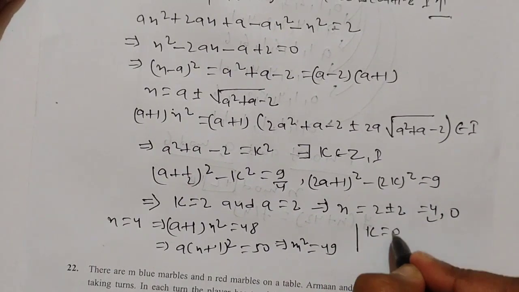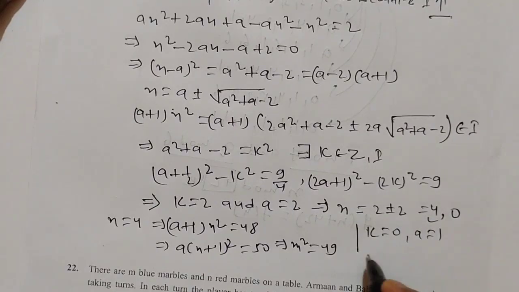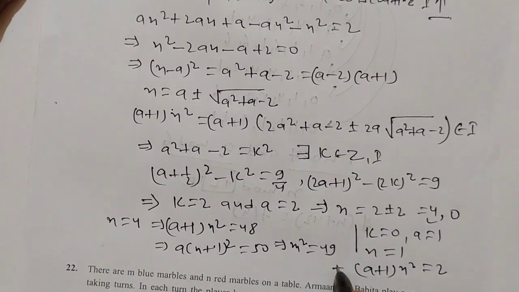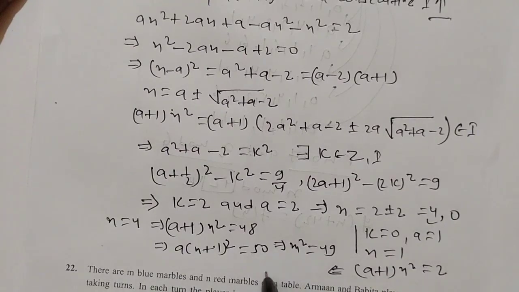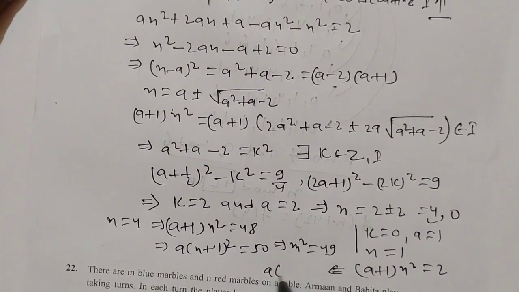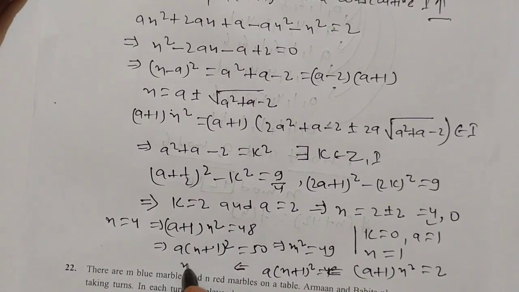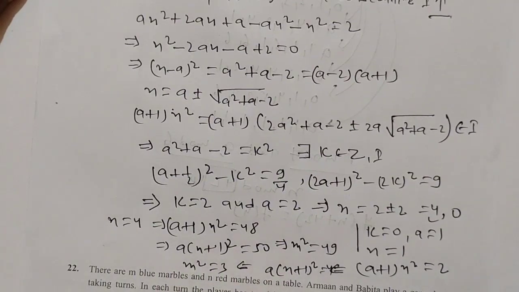Also for k is equal to 0 and a is equal to 1, we have n is equal to 1 and a plus 1 into n square is equal to 2, and this will imply the value a into n plus 1 whole square is equal to 4, and here m square is equal to 3.